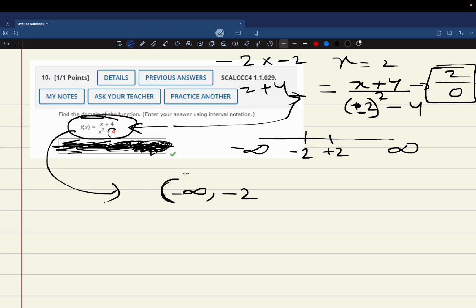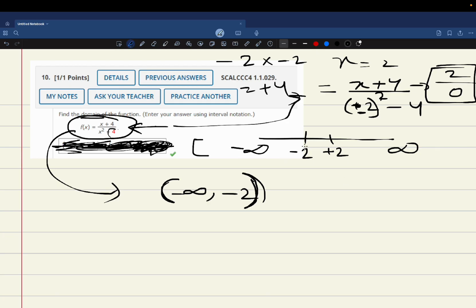Always for negative infinity you do not include, which is a parenthesis, but if it includes, then you do a square bracket. In this case negative infinity is not included, because we don't know the value of that negative infinity. It is the same for negative 2, it also is not included, it cannot be the value of x.